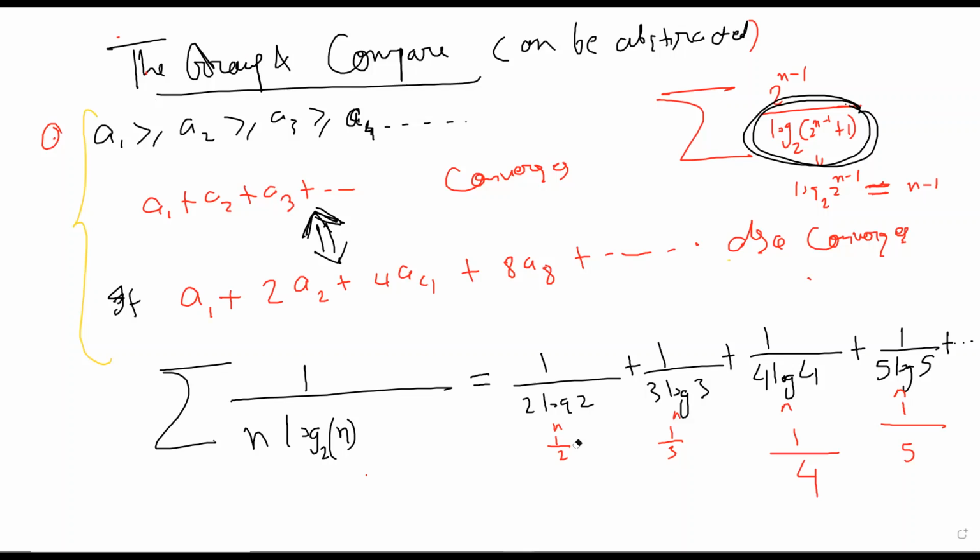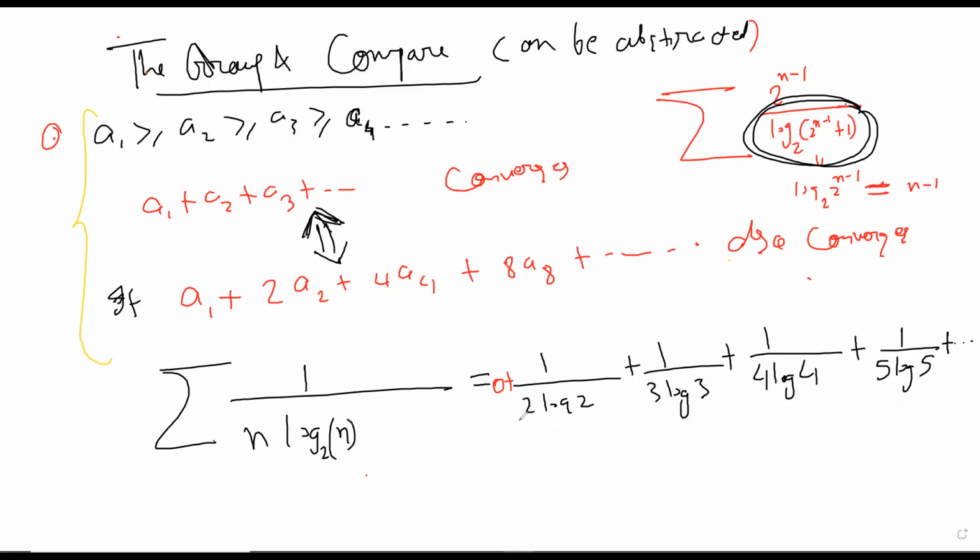So we'll have to do something different. Let's try the condensation. If I condense, I'm going to get 1 by 2 log 2, then 2 by 3 log 3. No, wait. Let me add 0, okay? If I add 0, the zero still stays as the first term.